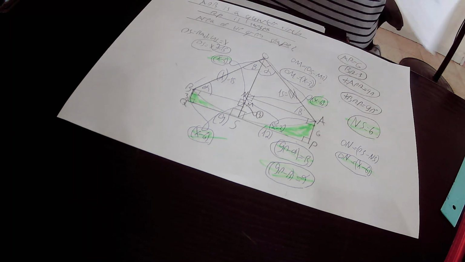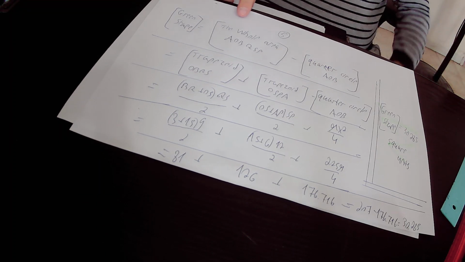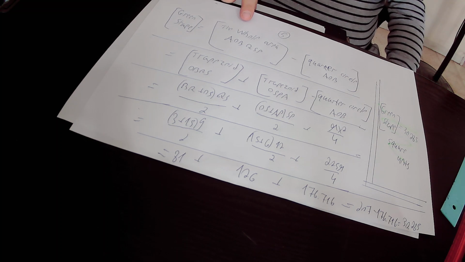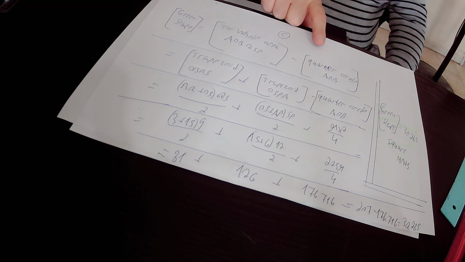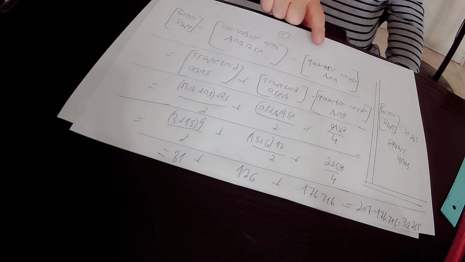Again, the area of the green shape equals the area of the whole shape, the big shape AOBQSP, minus the area of the quarter circle AOB.